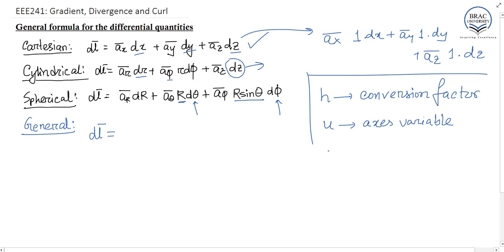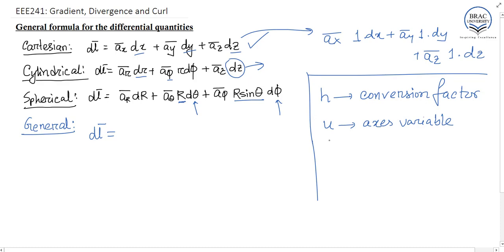Let's say, for example, in a 3D space, we don't know the system yet. It might be Cartesian, cylindrical, or spherical. We don't know yet, but we know that in 3D space we have to specify the position of a point with three variables, right?